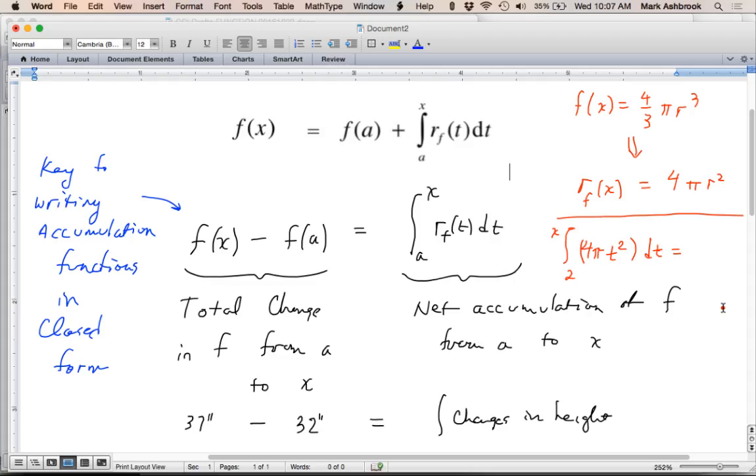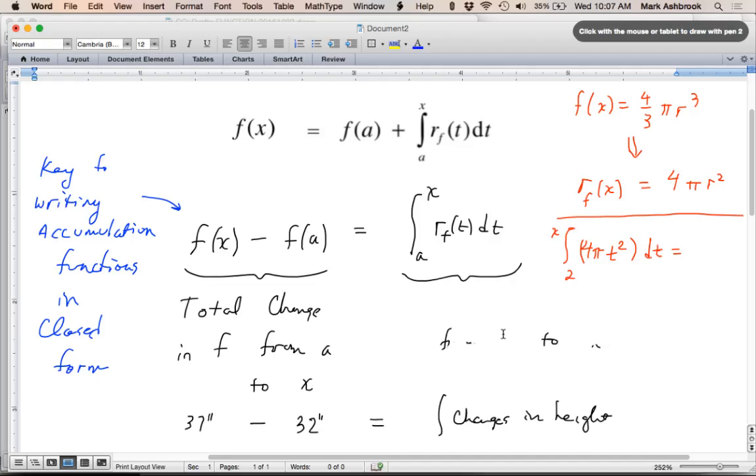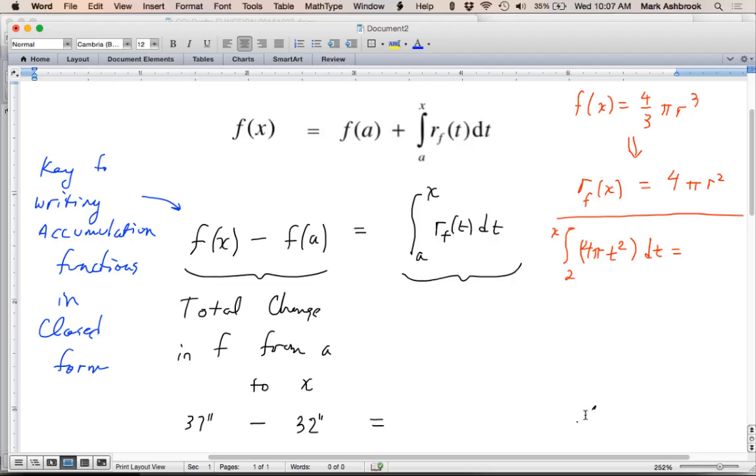So this is an open form accumulation function. We're able to write that in closed form now with what we just concluded. So can you do it? How would we write the integral from 2 to x of 4 pi t squared dt in closed form? Take a minute, see if you can do it, and we'll regroup.